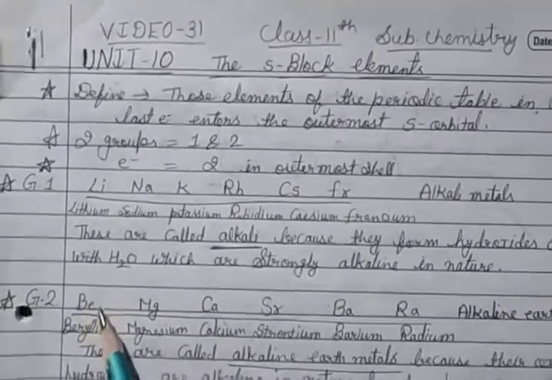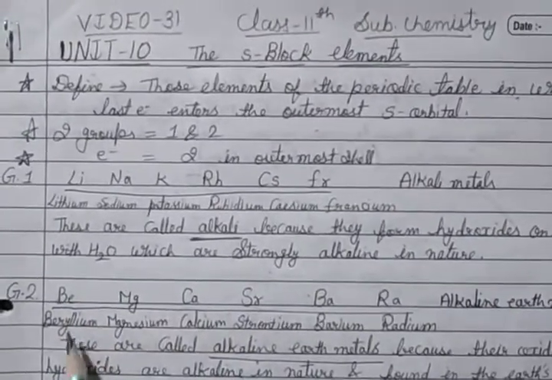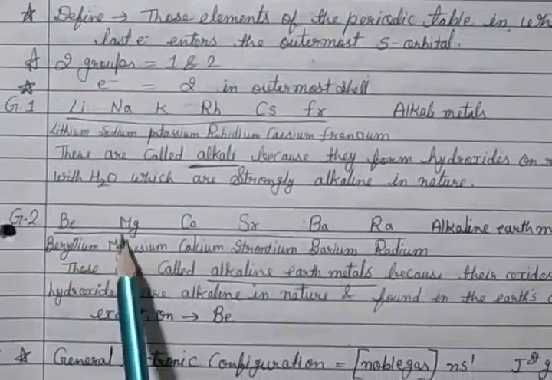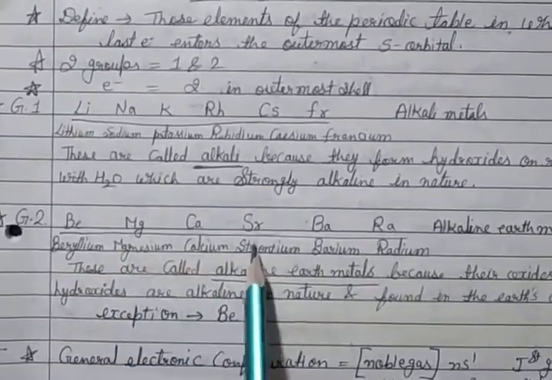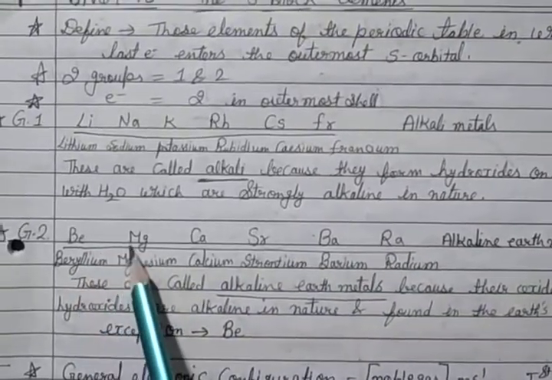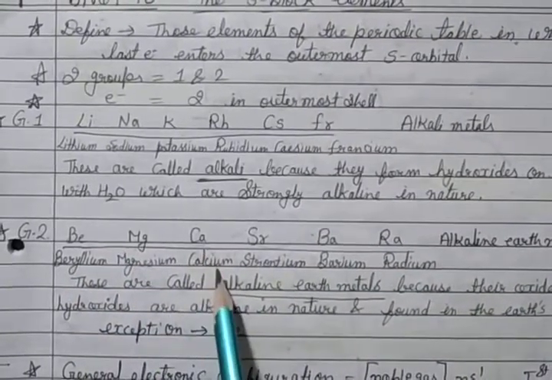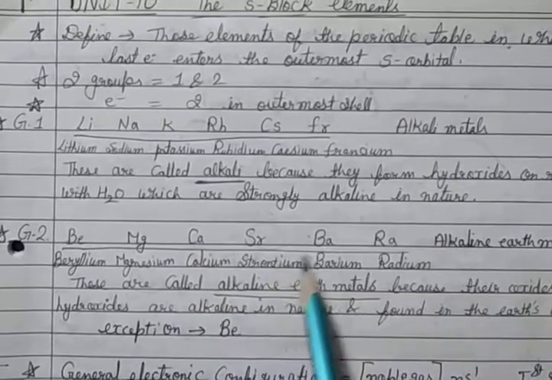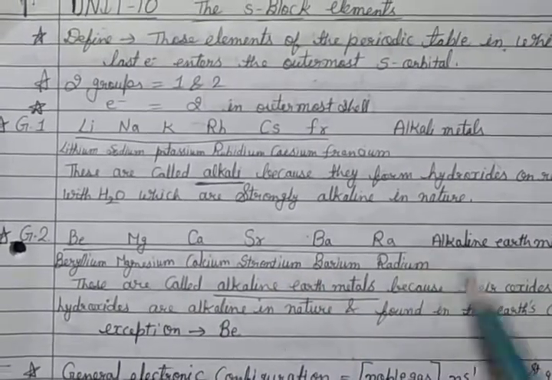Then group second: Be, Mg, Ca, Sr, Ba, Ra. Be beryllium, Mg magnesium, Ca calcium, Sr strontium, Ba barium and Ra radium.